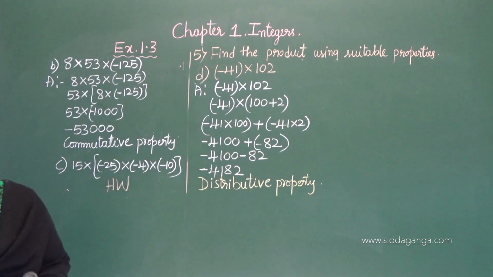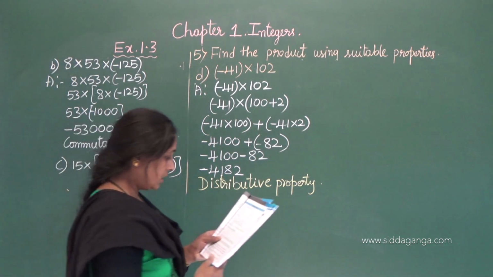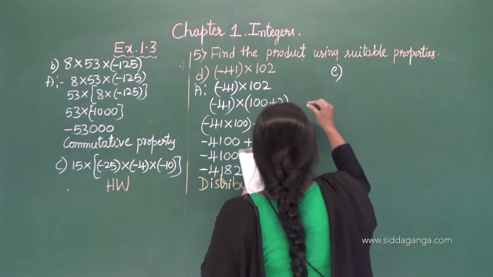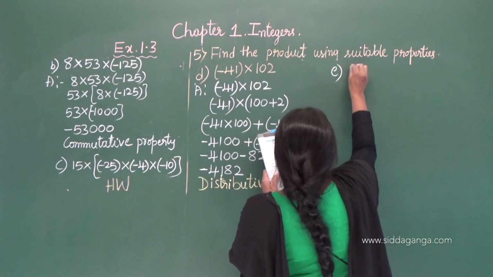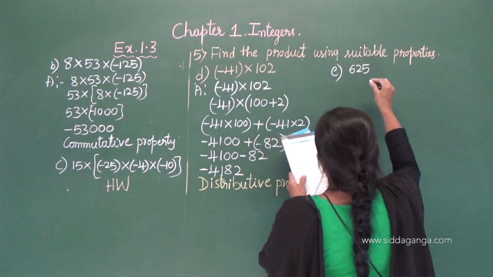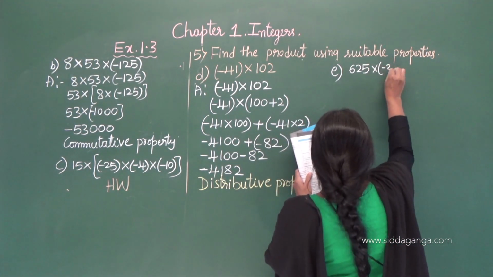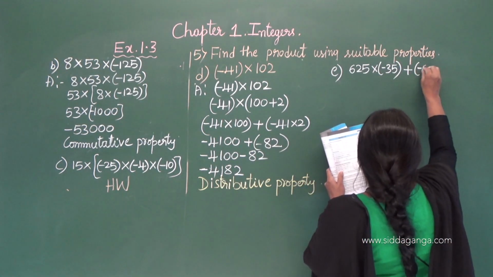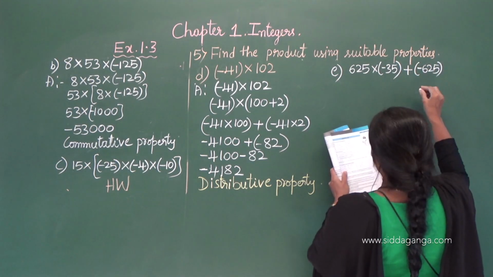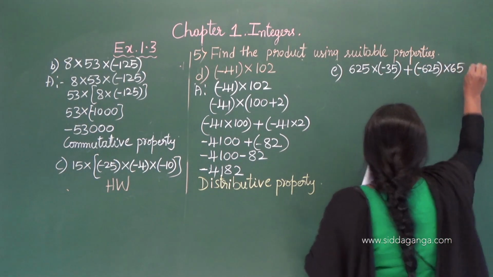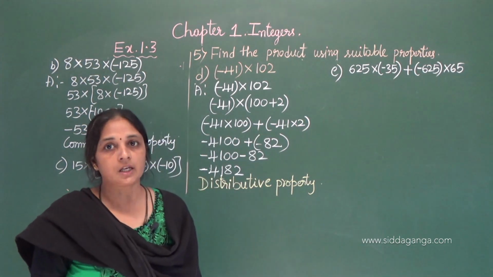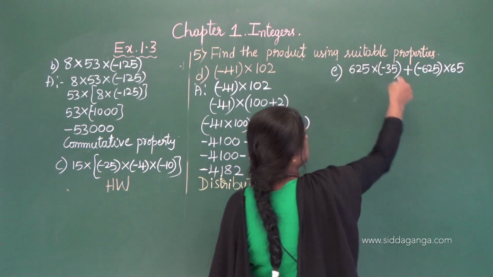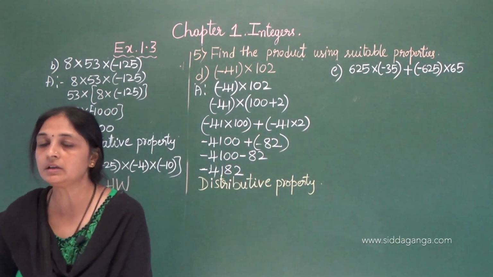Okay, then go to E, this is for your homework. 625 into minus 35 plus minus 625 into 65. I give you a hint. What's the hint here? You have 625 in both of the groups.